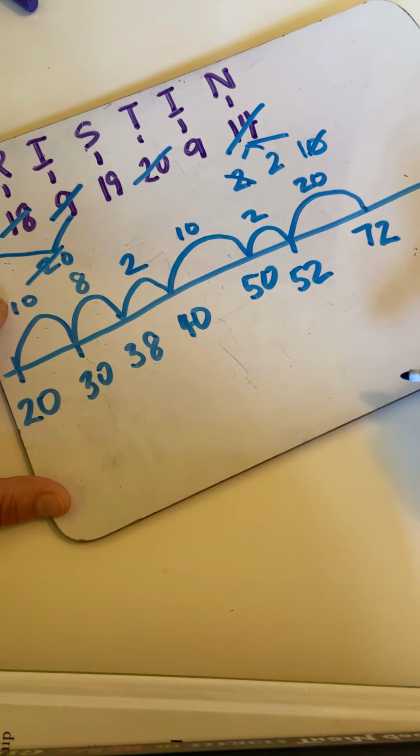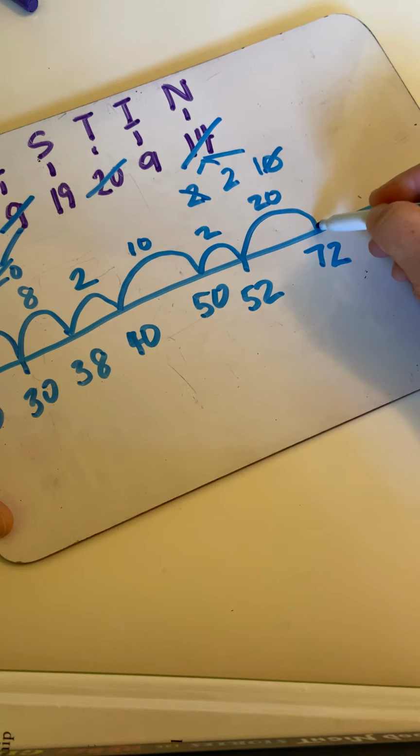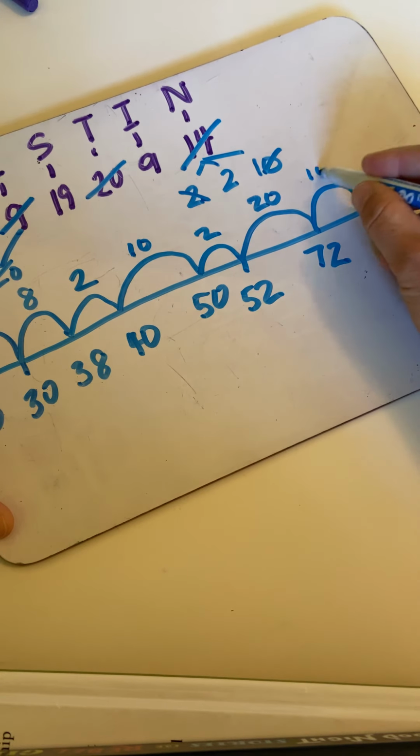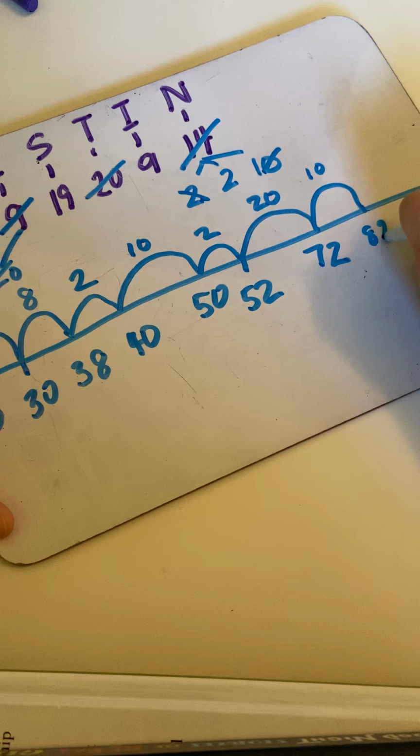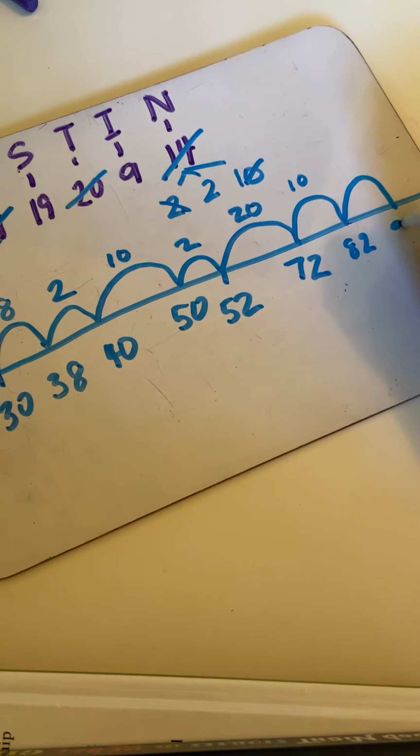For 19, I'm going to jump forward 20 and back 1. So 72, forward to 82, up to 92. But I really only wanted to go up 19, not 20. So I'm gonna go back 1 to 91.